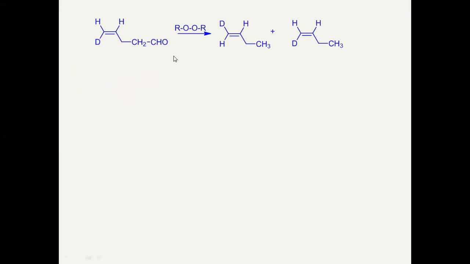Again, it involves the carbonyl, the aldehydic carbonyl, and there is a formation of two different compounds. This is a trans, this is a cis. When we perform some reaction on this, it will give a pair of products. These two products are formed.